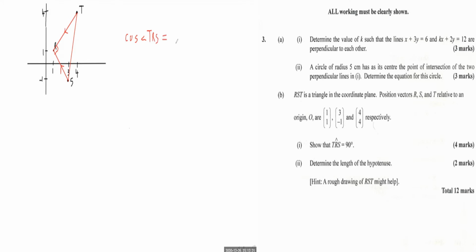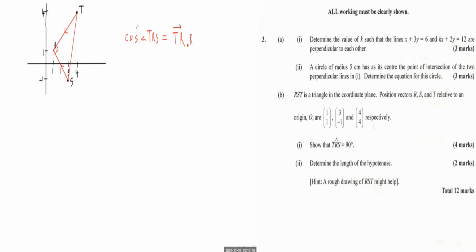to TR dot... remember, the cosine of any angle is the dot product over their norms. So it's going to be TR dot RS.